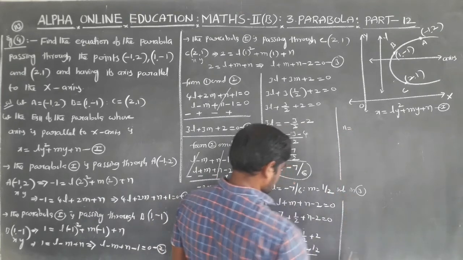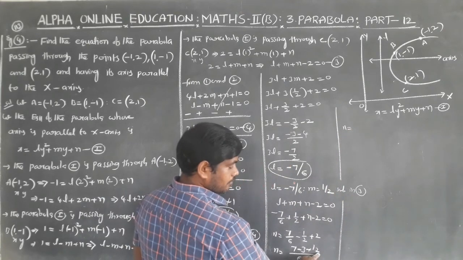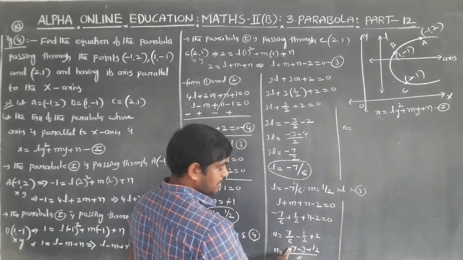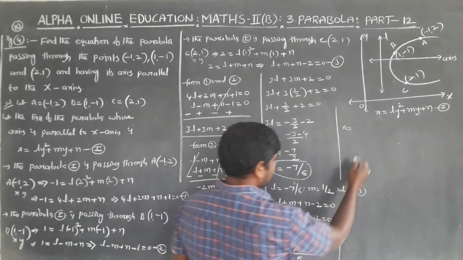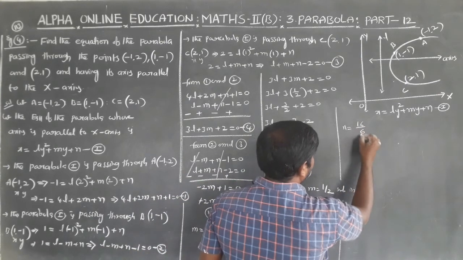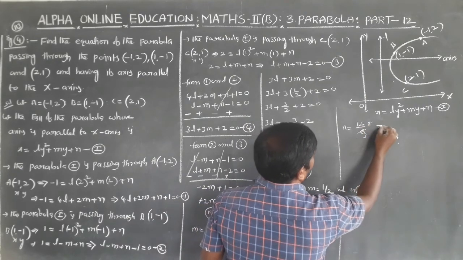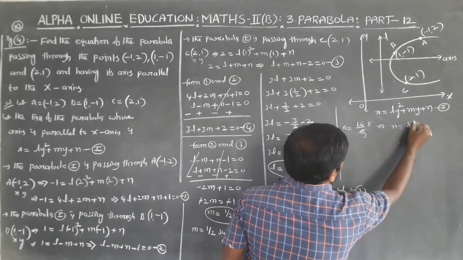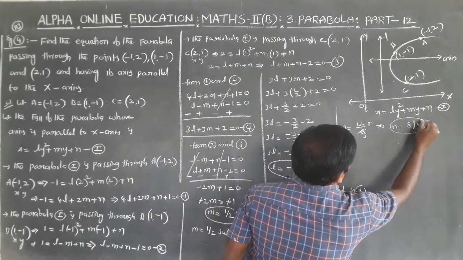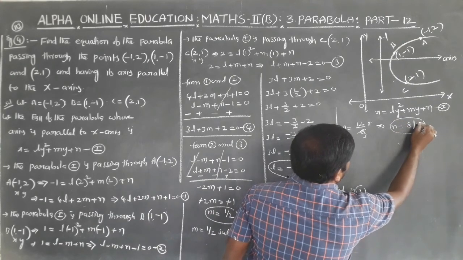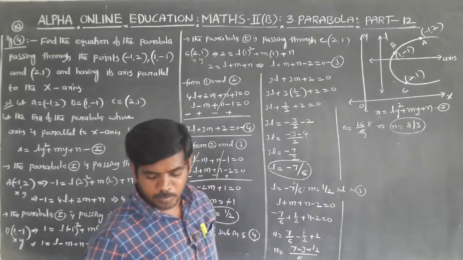N is equal to 7 plus 12 is 19, 19 minus 3 is 16 by 6, which is 8 by 3. N is equal to 8 by 3.